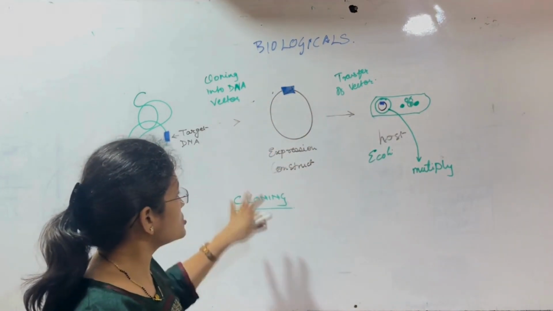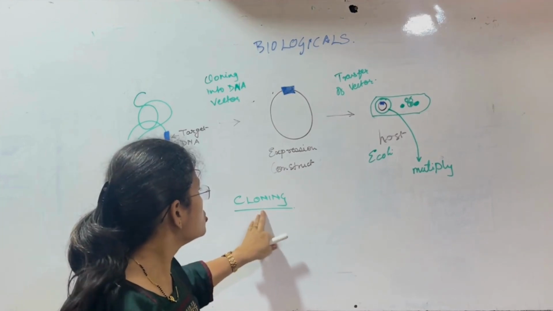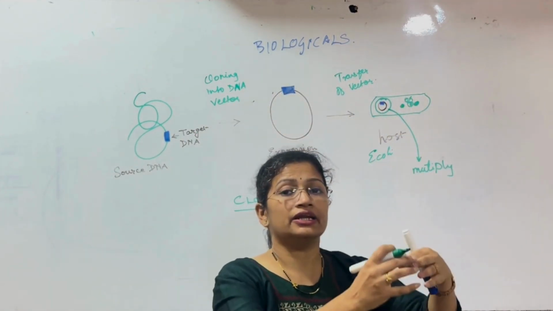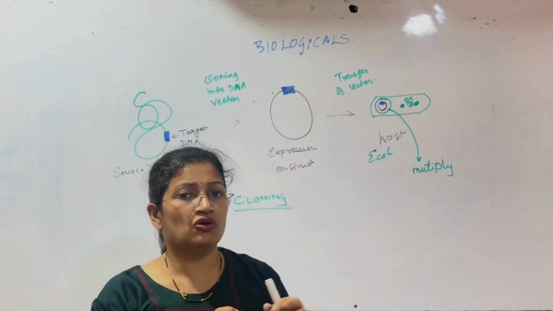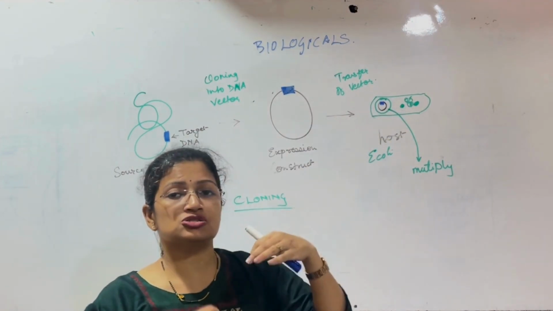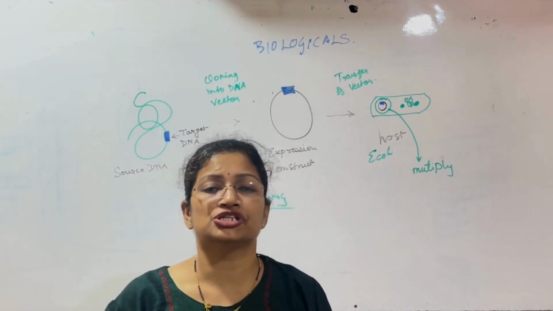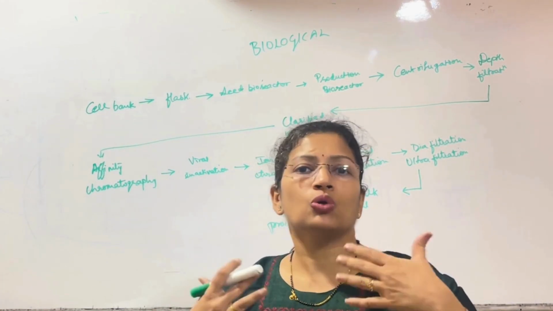This whole process is known as cloning. So we have one target DNA, out of that we have created a number of copies of it, because this is something which is going to be incorporated in our finished formulation. We have now seen how the cloning is done.